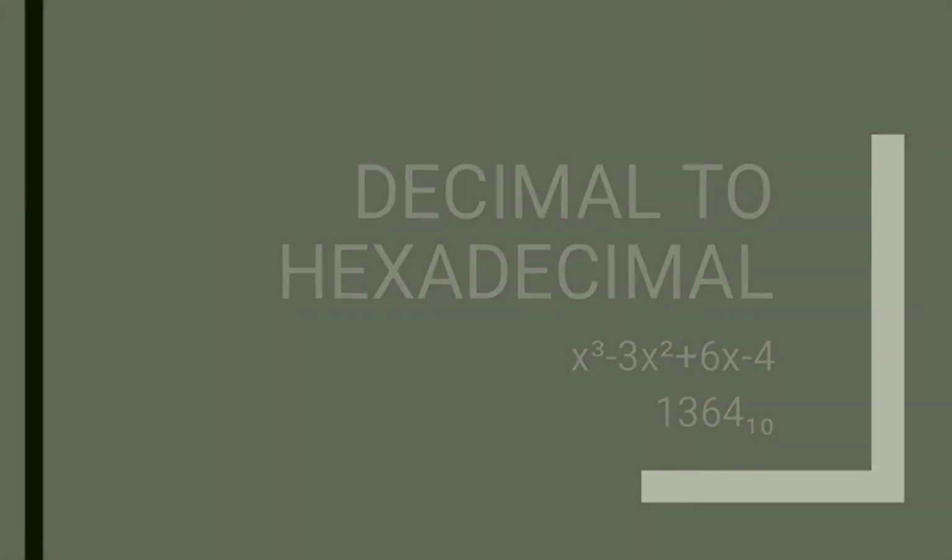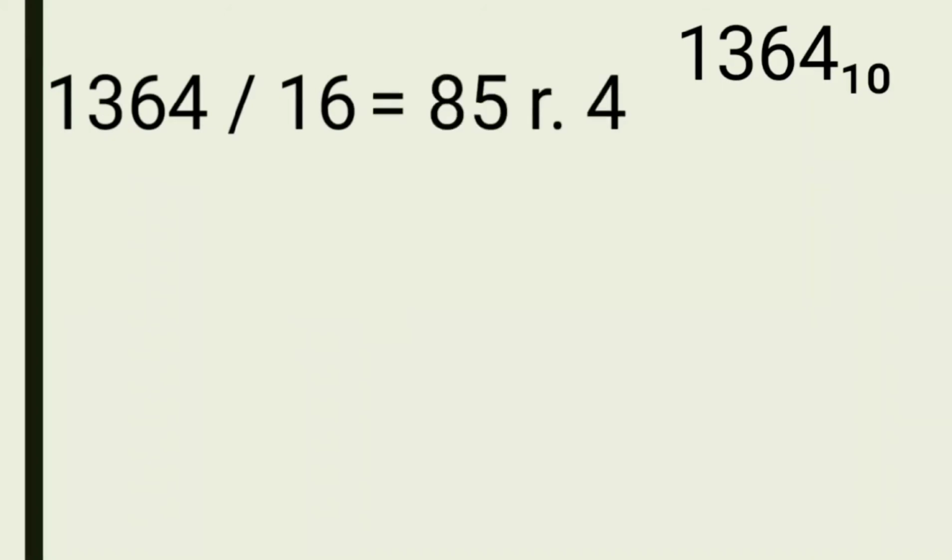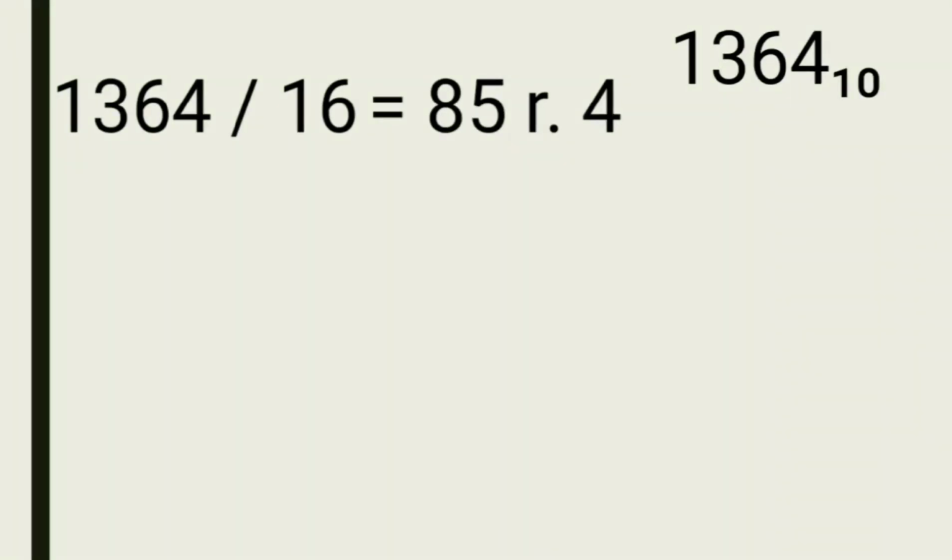Decimal to hexadecimal. Divide the given decimal number to 16 because we are going to convert it to hexadecimal. Get the quotient and the remainder. To get the remainder, we should multiply 16 to the quotient, then subtract it to our dividend. In this example, 85 multiplied to 16 is 1360.